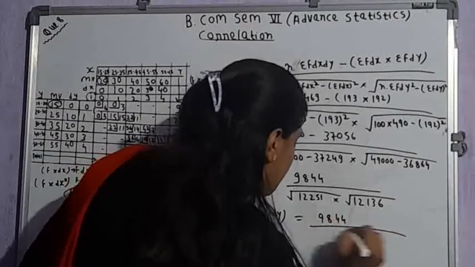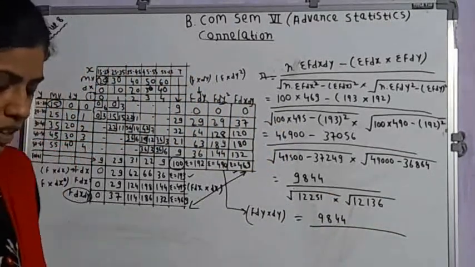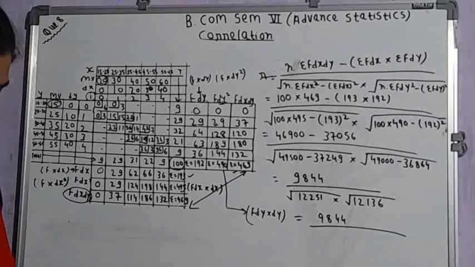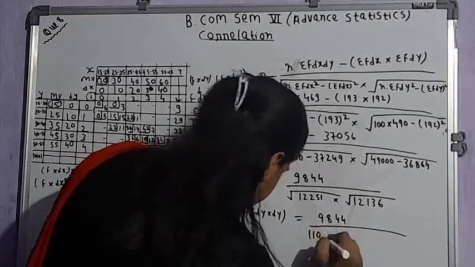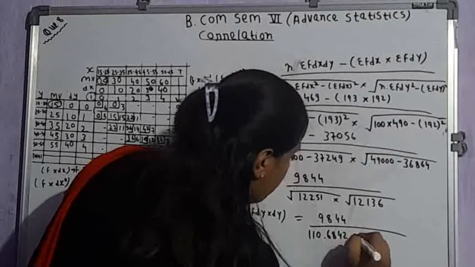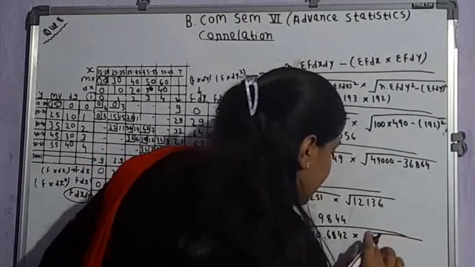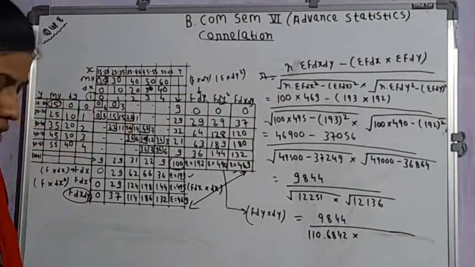9,844 upon, we have to calculate the value of under root 12,251. Under root 12,251 would be 110.6842. Into, we have to calculate the value of under root 12,136. So what we will do?